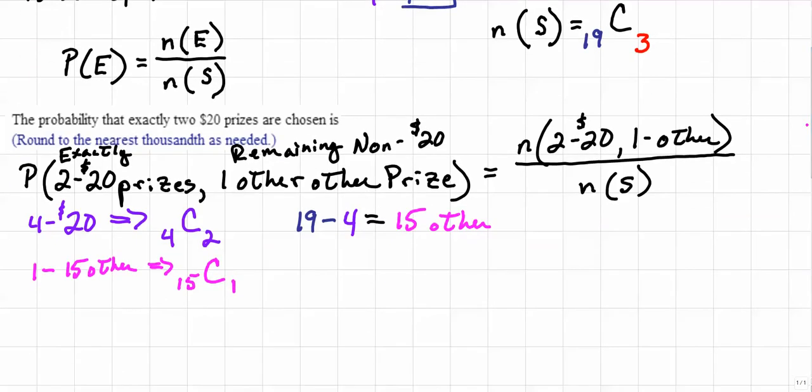Now, in order to do this correctly, I'm going to have to multiply those 2 particular combinations together.